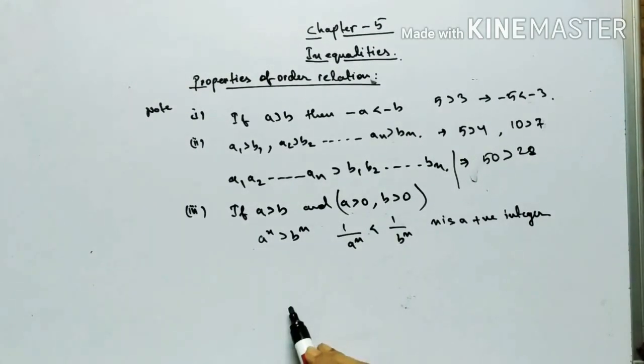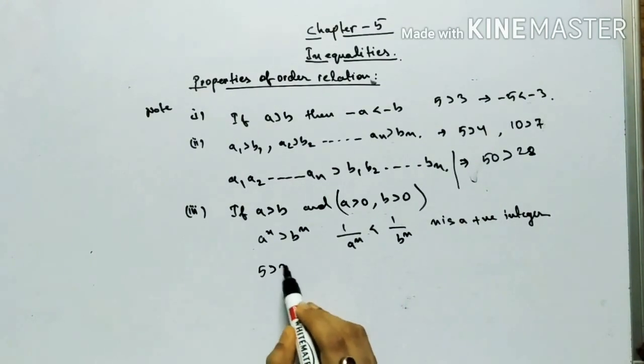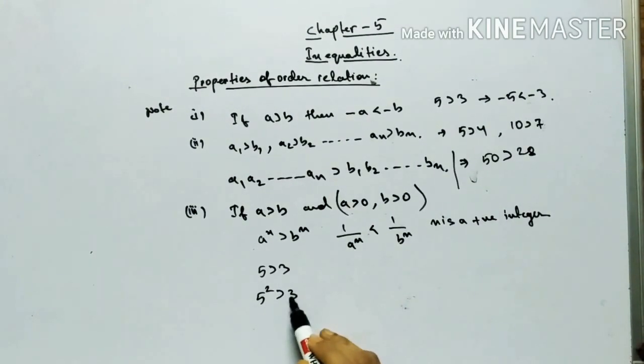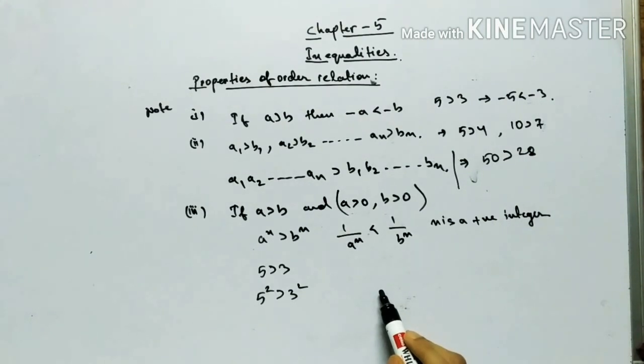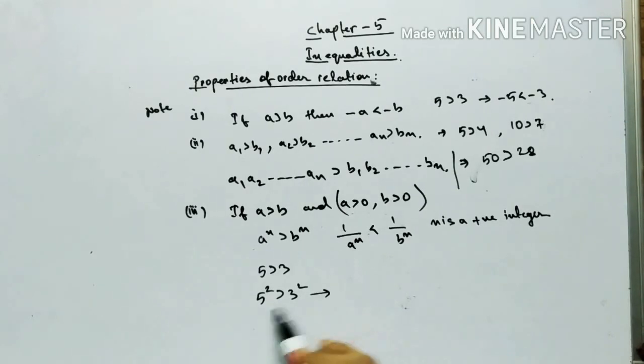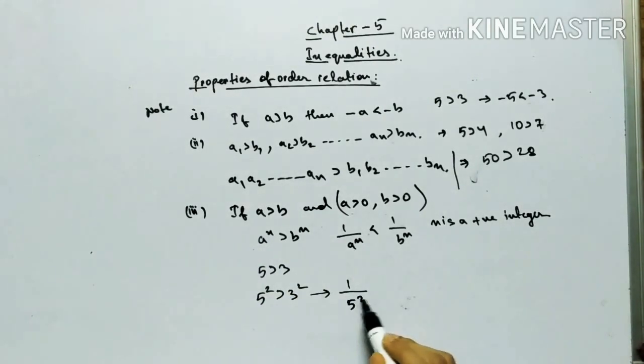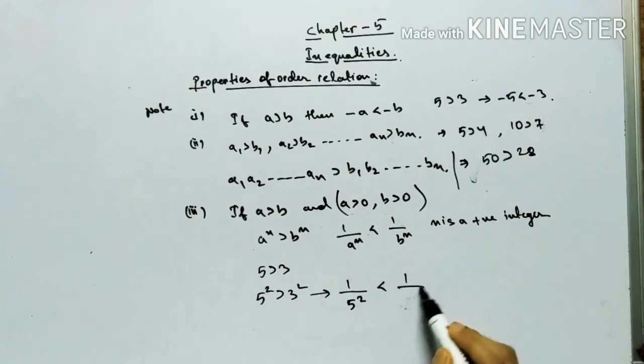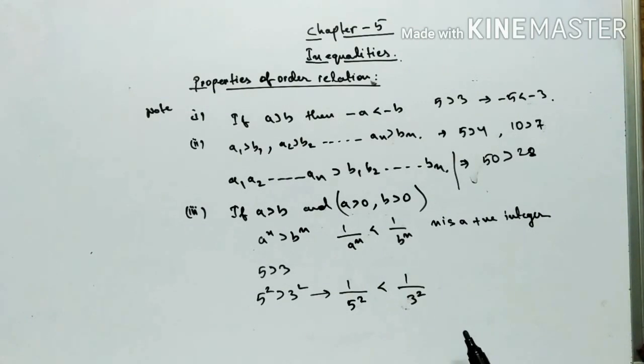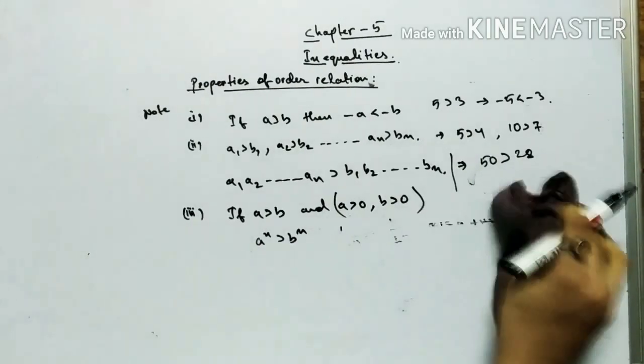That means 5 is greater than 3, 5 to the power 2 will be greater than 3 to the power 2. Understand? But if you take the reciprocal, 1 by 5 to the power 2, then it will be less than 1 by 3 to the power 2.